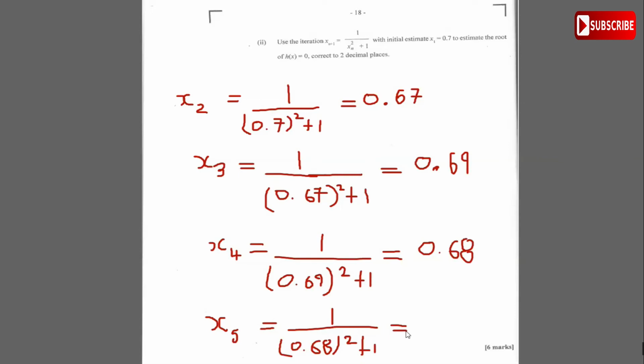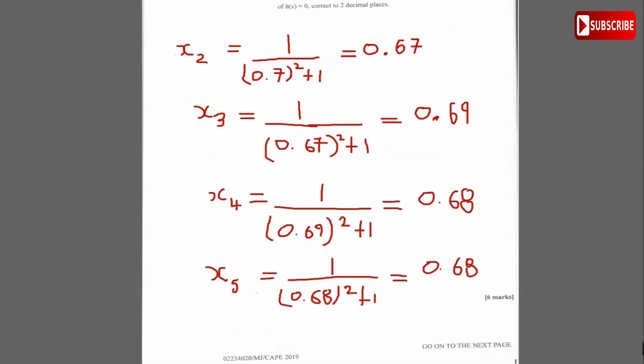And what you're getting is 0.68 squared plus 1, 1 divided by such answer, you're getting 0.68. Since 0.68 is repeated, we can assume that the approximated root is 0.68. So once you get the same answer twice, you can stop.